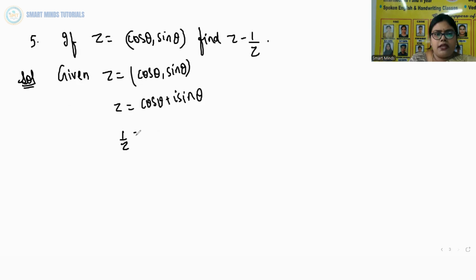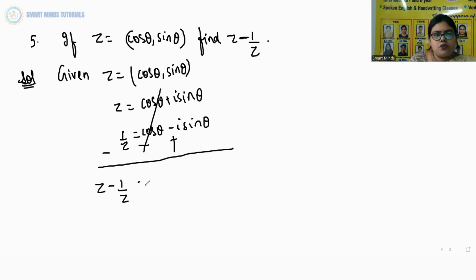So 1 by z will be cos theta minus i sin theta. Now in the question you have a minus sign, so we need to subtract these two. Minus, minus, plus. So cos theta minus cos theta cancel. z minus 1 by z is 2i sin theta, because i sin theta plus i sin theta is 2i sin theta.